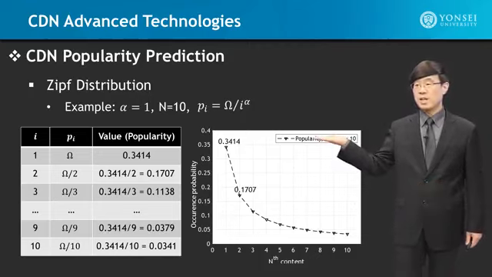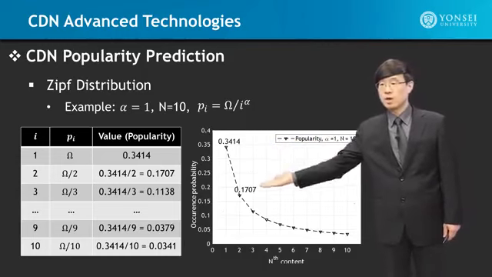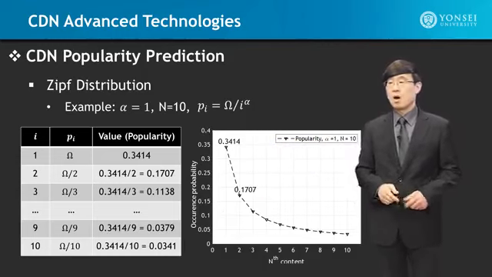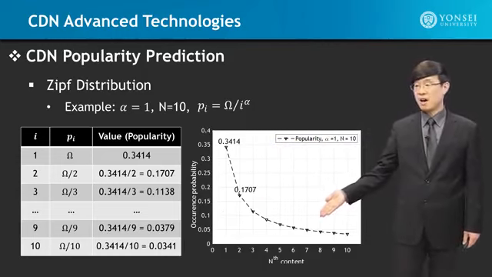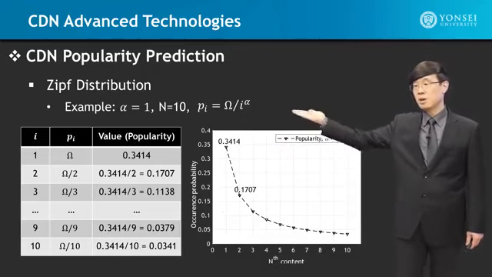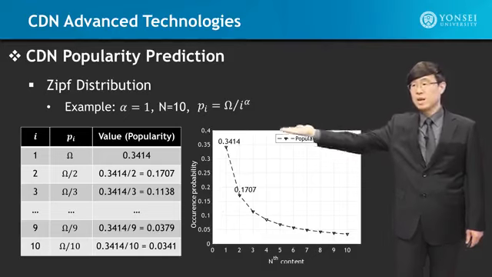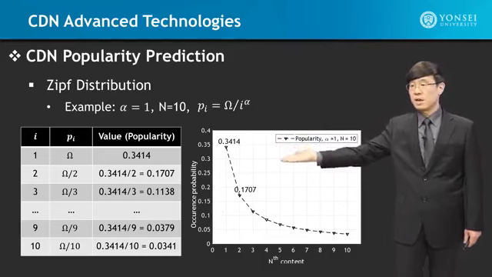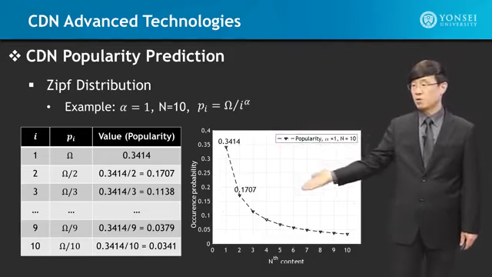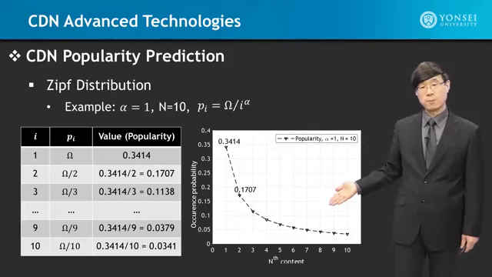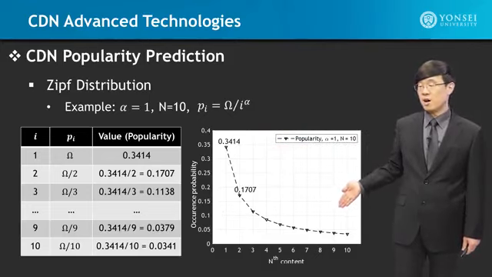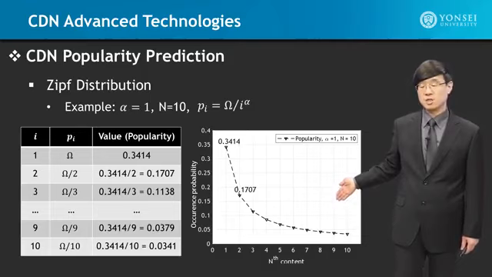In addition, the value, which represents the popularity, the values are shown over here. Overall, based on the nth content, as in terms of a representation of alpha equals 1 and n equals 10, you can see the values that are in the table represented in a graph-based structure over here, where the 10th content is shown over here at this edge.